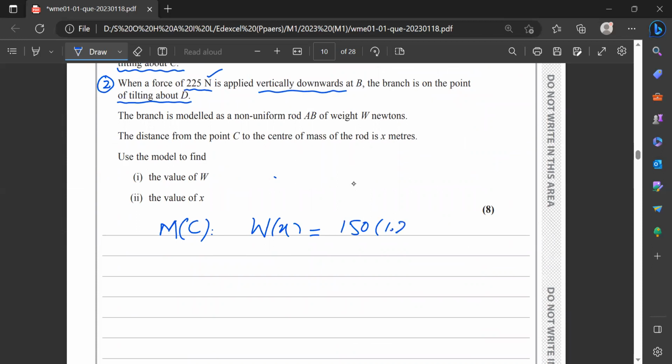So Wx is equal to 150 into 1.26. The important point we should keep in mind is that if it is on the point of tilting about C, we take the reaction on the other spot as 0. So this is 189, number 1.